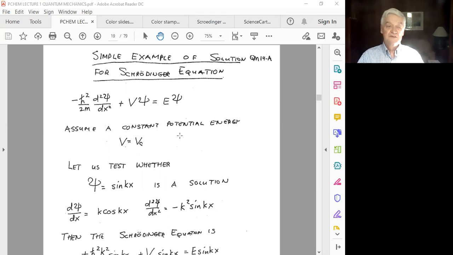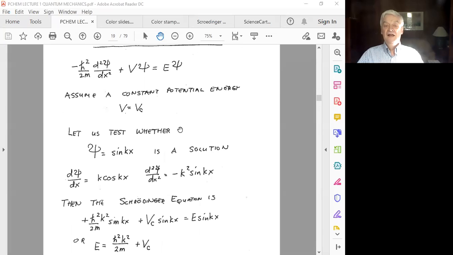So just for simplicity's sake, we're going to take our one-dimensional particle flying around in free space. We'll say the potential energy is equal to some fixed potential energy. It could be zero, as I'll later have in another example, but here I'm just going to call it capital V sub C. And I'm going to ask you to test whether this wave function, sine of kx, is a solution.